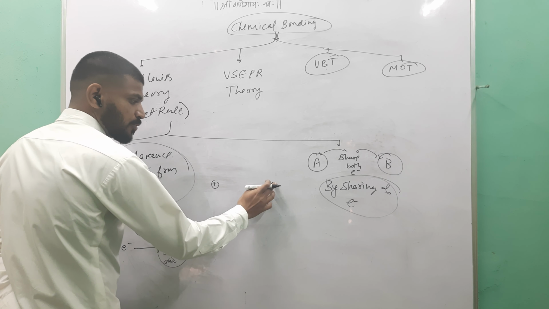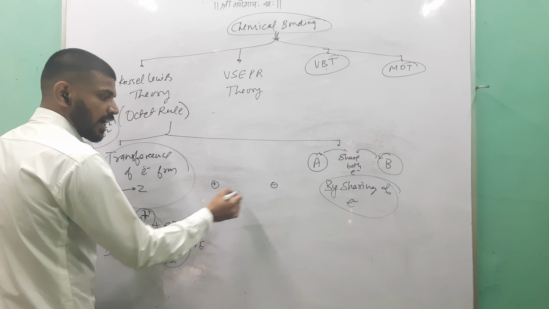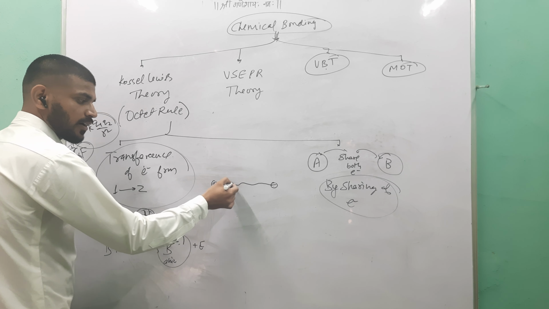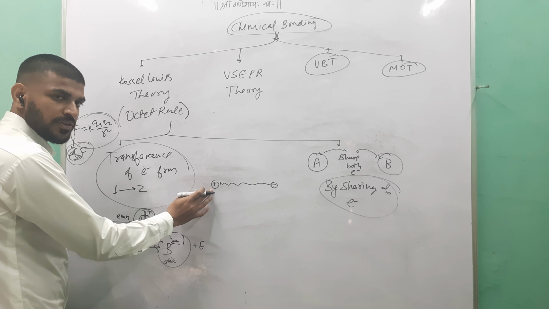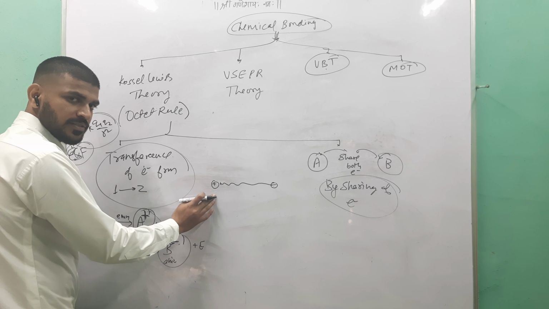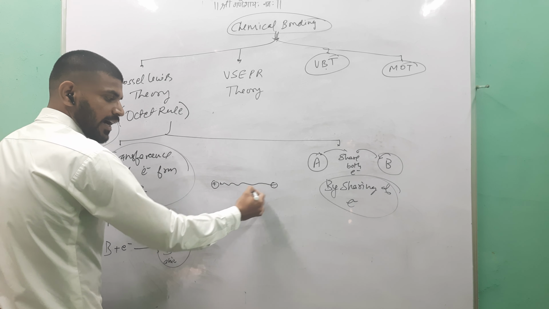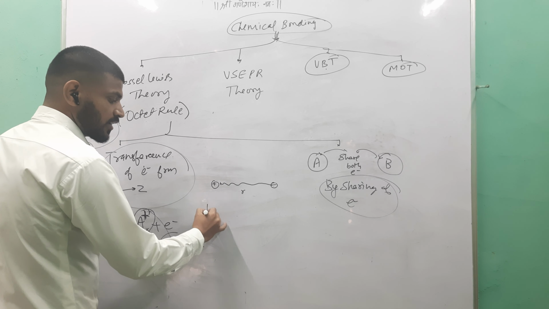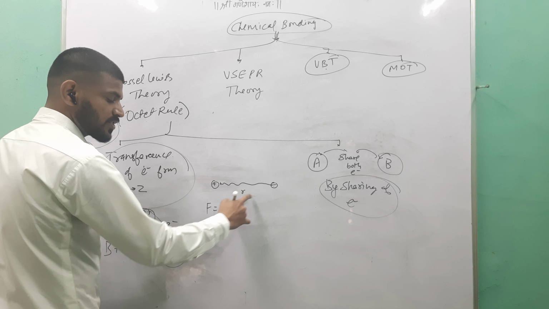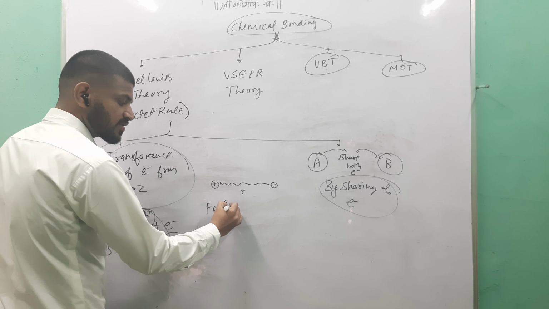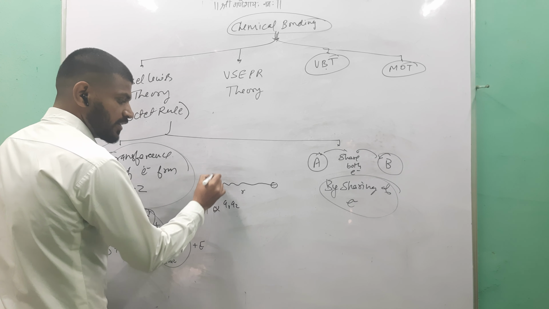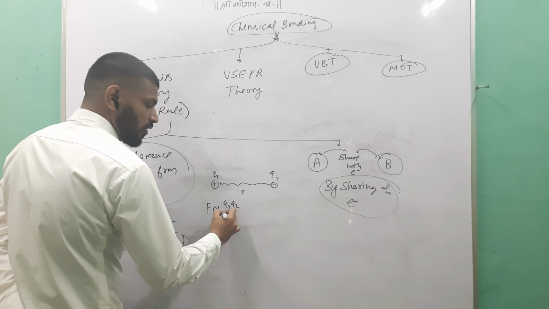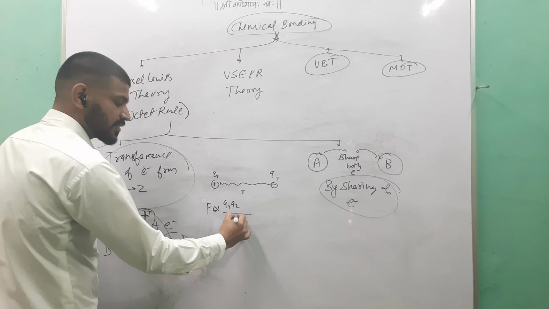This positive charge is stationary, and the negative charge is going towards the positive charge from a distance r. The force of attraction between these two is directly proportional to the charge on them, q1 and q2, and inversely proportional to the square of the distance.